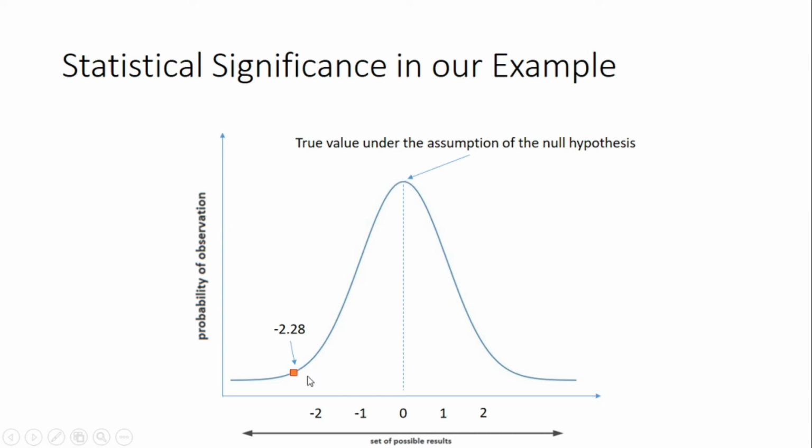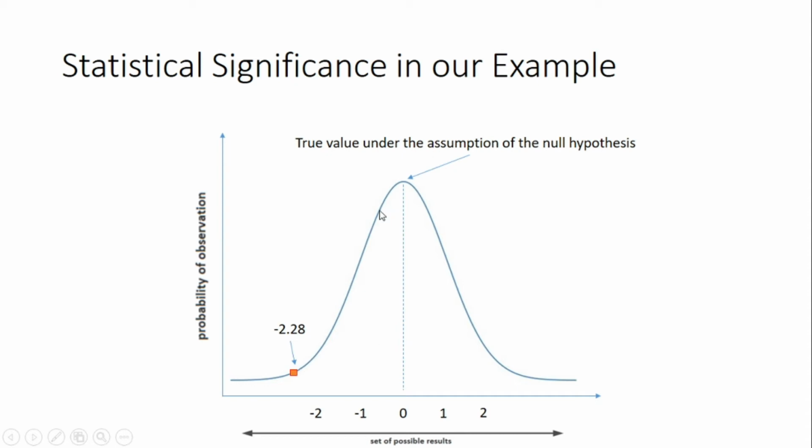But we have found a value which is down out here, right? Given our distribution, because we know how these estimates of the true value of beta 1 are distributed, we know the probability that we find the value that we found. And the value is given on this y-axis.